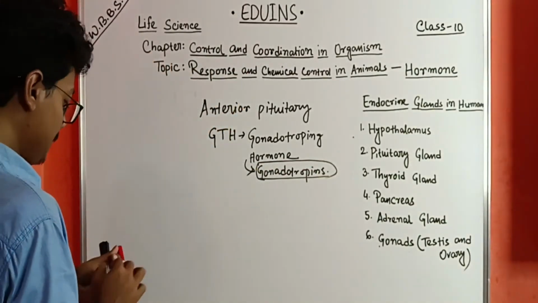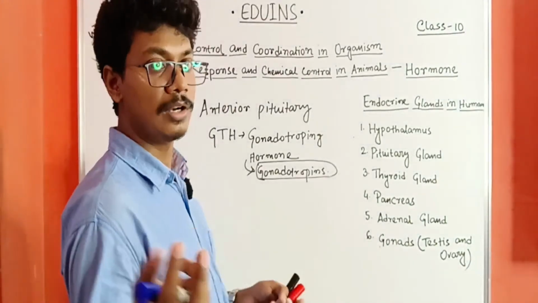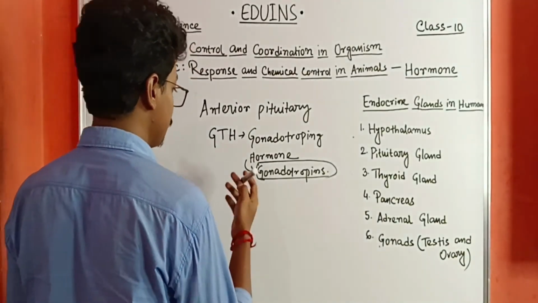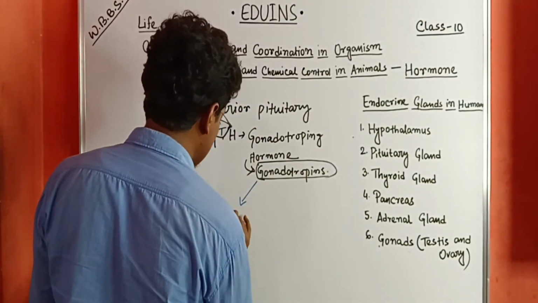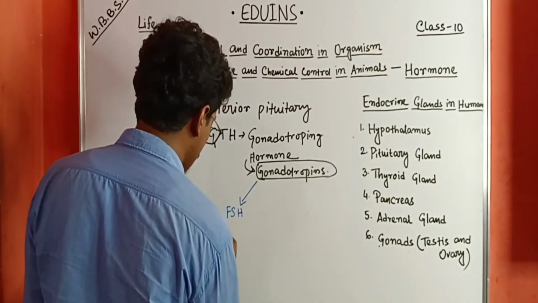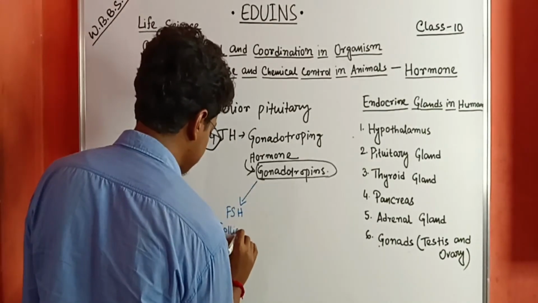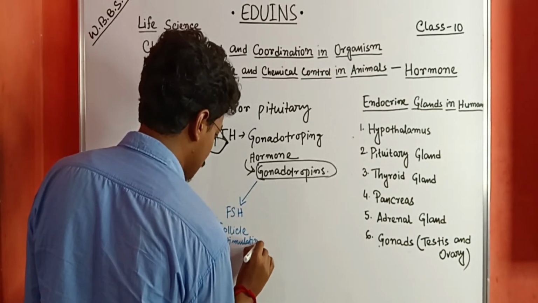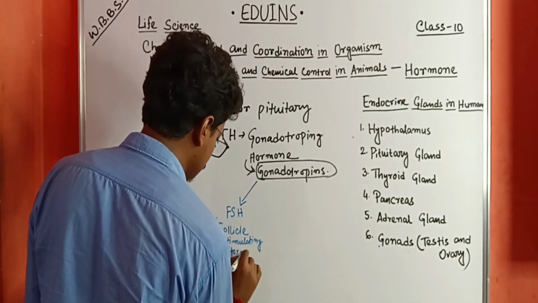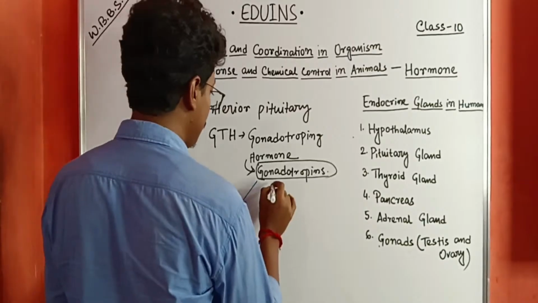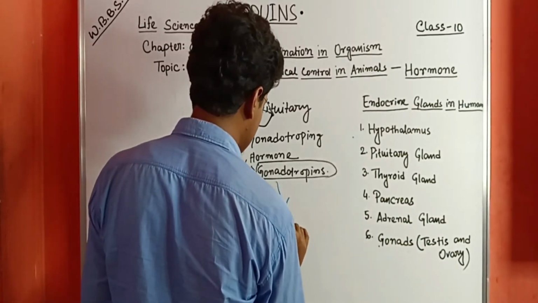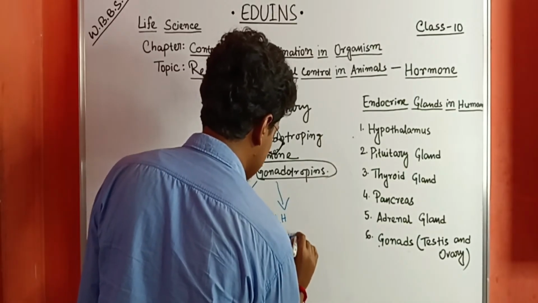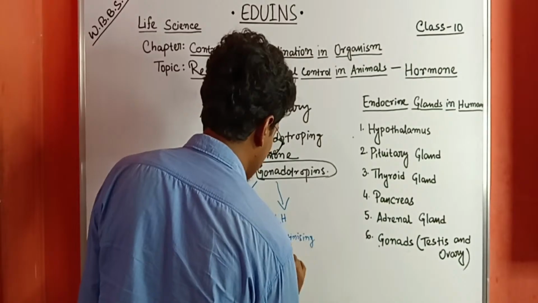There are mainly 3 types of gonadotropins released from the anterior pituitary. Number 1 is the FSH or follicle stimulating hormone. Number 2 is the LH, that is luteinizing hormone.